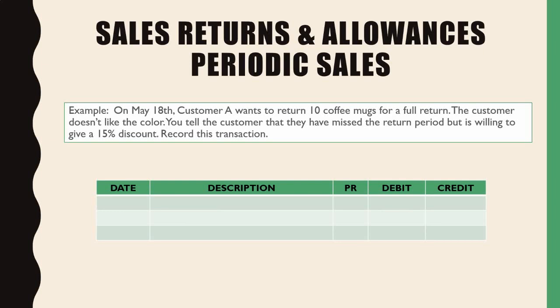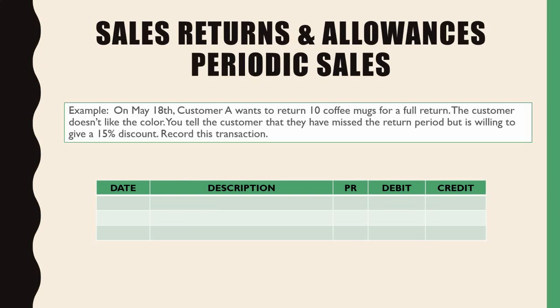So let's talk about the difference between returns and allowances. Okay? So for instance, on May 18, customer A wants to return 10 of those coffee mugs, okay? Separate scenario. And they want a full refund. But of course, they missed the company policy because, again, it was a full refund if they return it within 15 days.